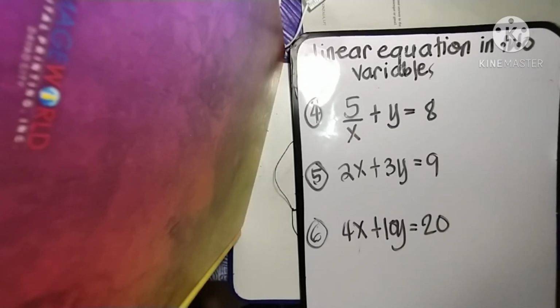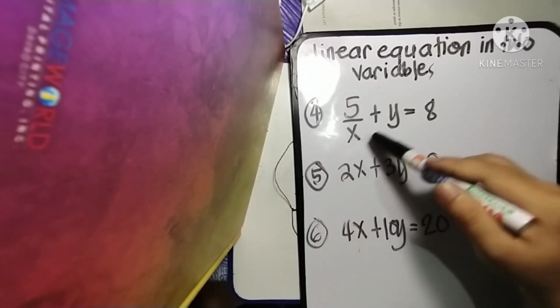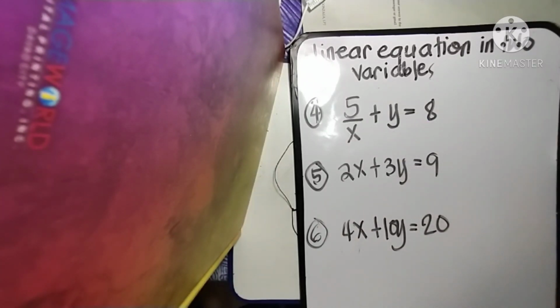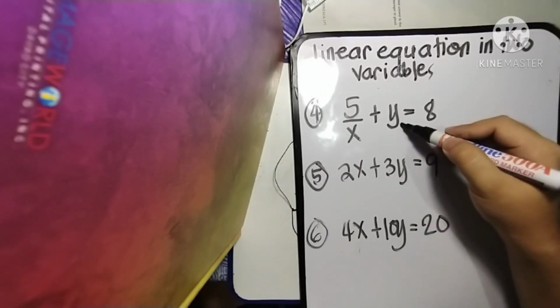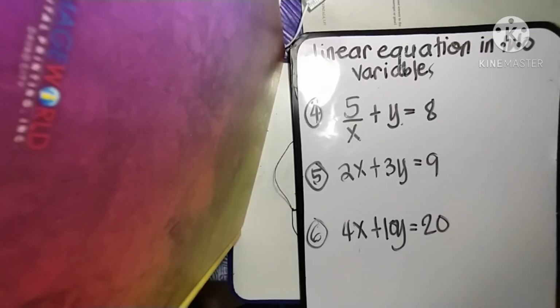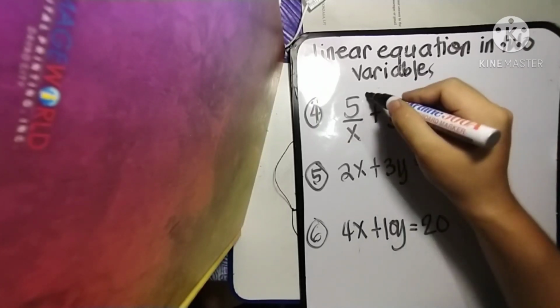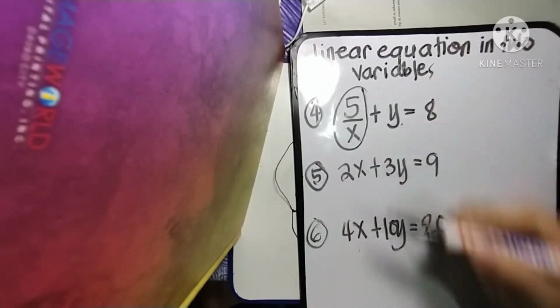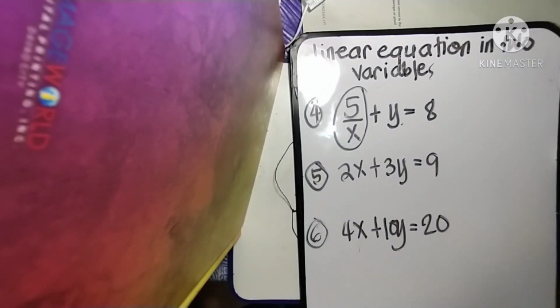Okay, so example number 4, we have 5 over x plus y is equal to 8. So, based from this example, given ta og two variables, which is x and y. Okay, so that is in two variables. Now, identify if it is linear or not. Now, based from this presentation, 5 over x, diba? So, 5 over x is in a form of fraction.